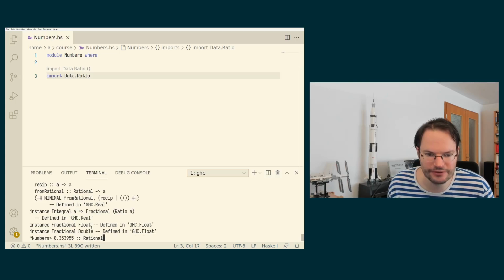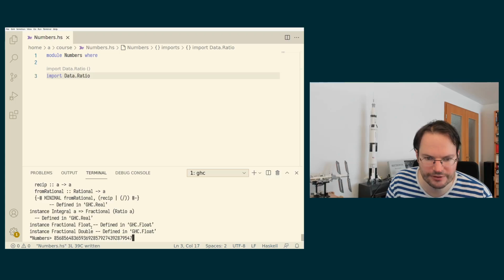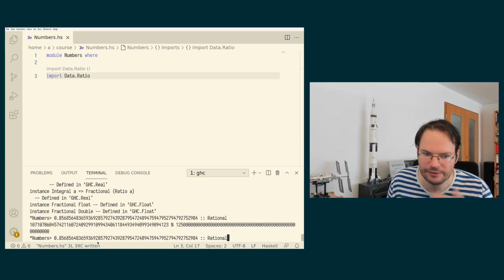And so if we take something, let's see, just something relatively random and long, and we say we want to interpret this as a rational number, we get this.